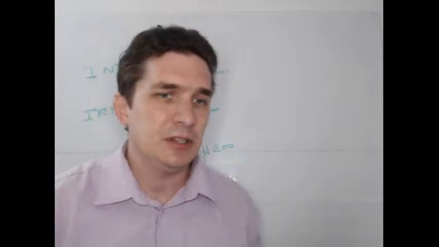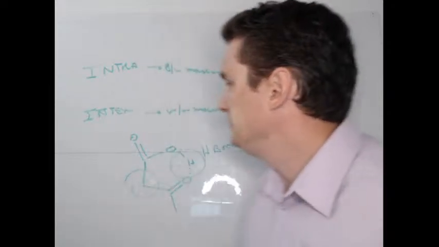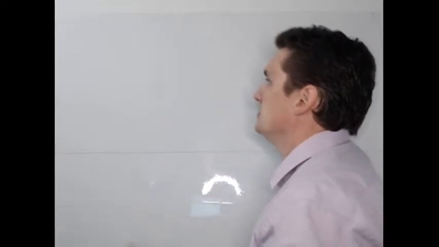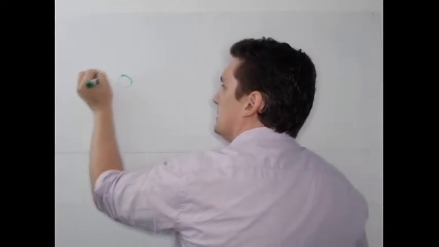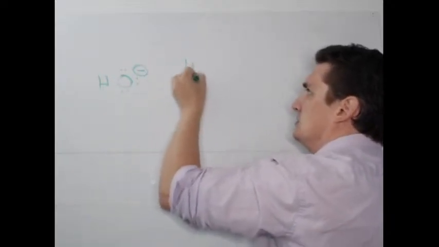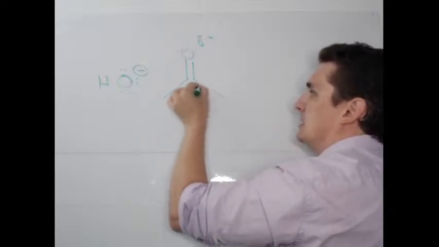So when we're talking about intermolecular forces, we're not talking about true bonding, or making or breaking bonds. We're simply saying an attractive force due to differences in charges. So if you have something like hydroxide, this will be attracted to a ketone, because the ketone has the negative part and the positive part.